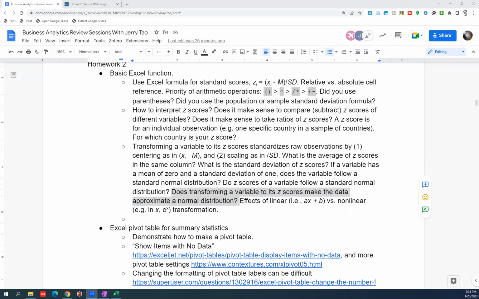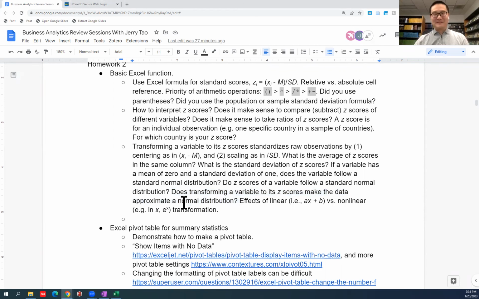No. No. Well, brilliant. I think you're becoming smart, because I lay out many tricky questions, and this one, unfortunately, did not get you. Yes, so you got it correct. The answer is no. Transforming a variable to its z-scores will not make the data approximate a normal distribution.